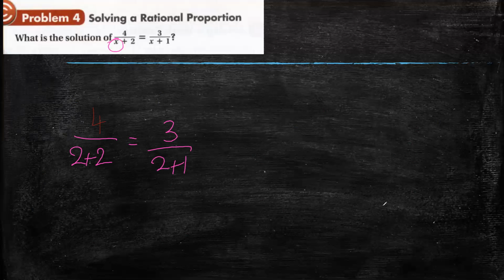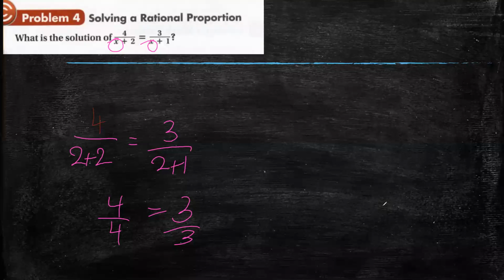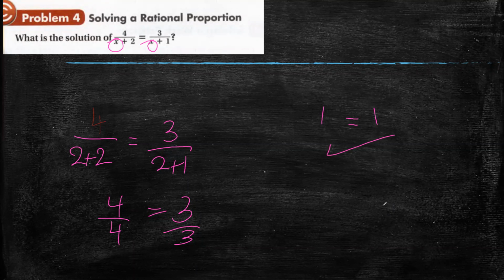I just evaluate x with 2. Then is 4 over 4 equal to 3 over 3? No, teacher. How? 4 over 4 is what? 1. And 3 over 3 is 1. So yes, this is the solution.